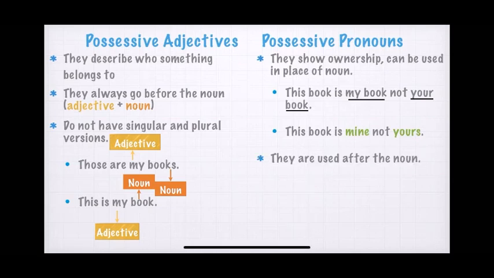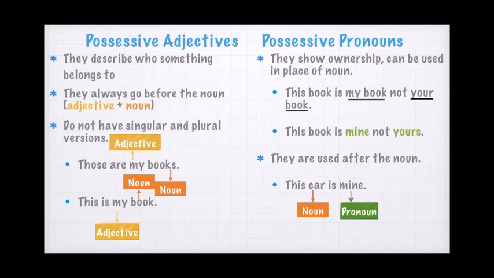They are used after the noun. So possessive pronouns, unlike possessive adjectives, are used after the noun and not before the noun. This car is mine. So car is a noun and mine is a possessive pronoun. So we are using the word mine to show this possession of the noun car.